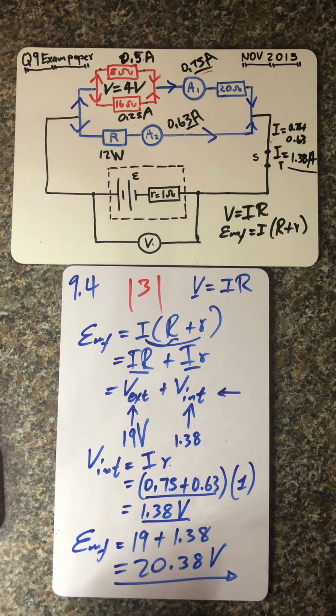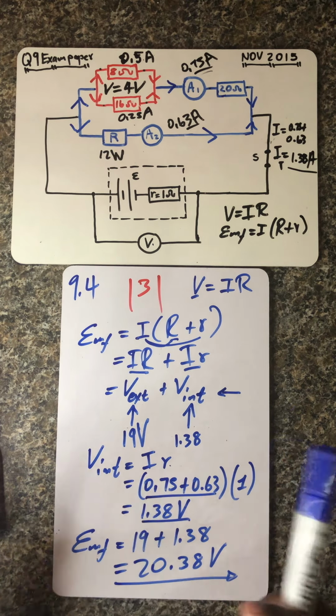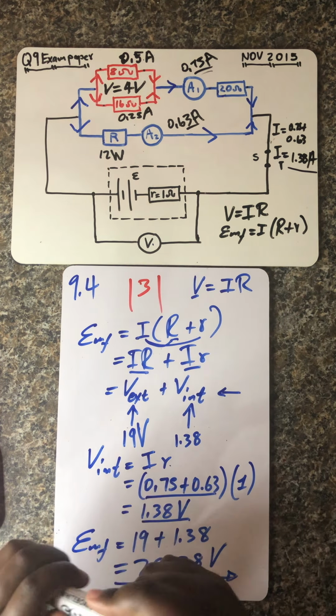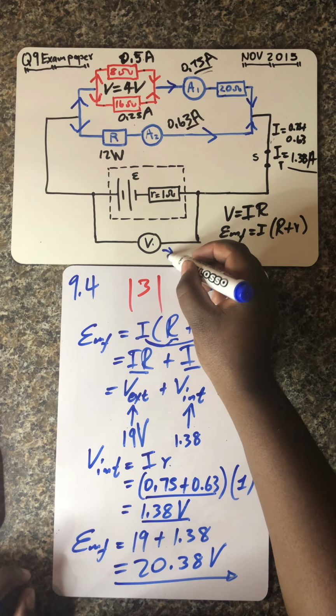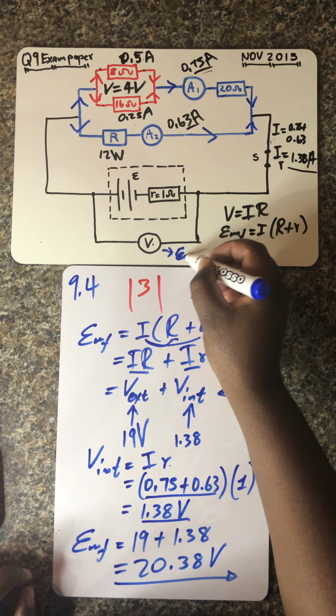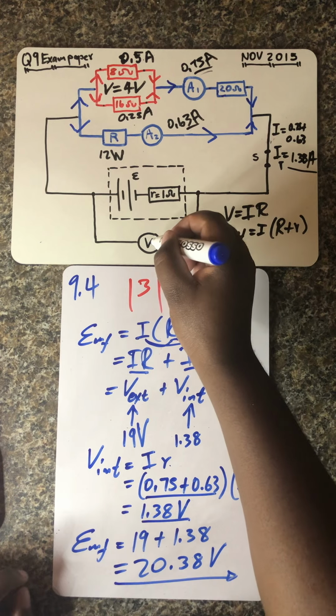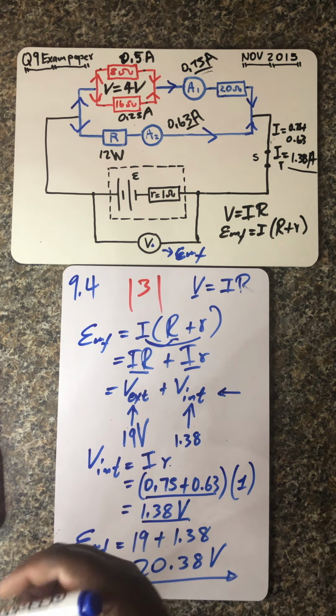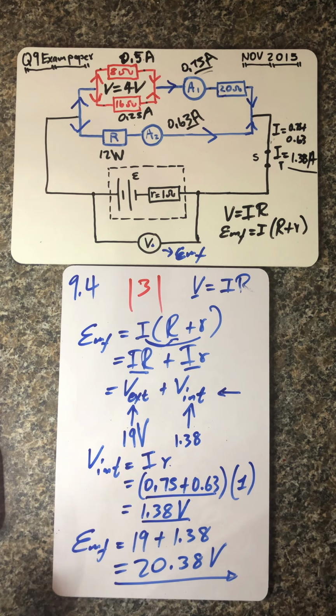Okay, what are you noticing here, guys? Someone would say, I'm actually noticing that V is actually reading the EMF. So that means that V there is measuring the EMF. Very, very much important, guys.